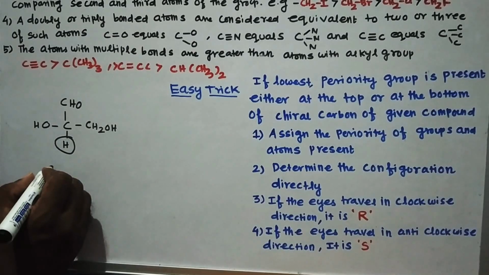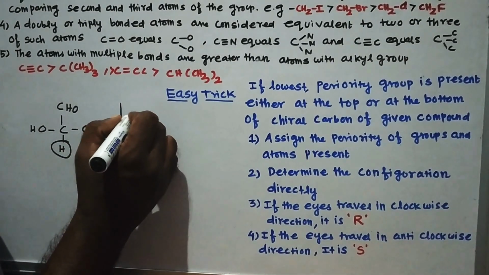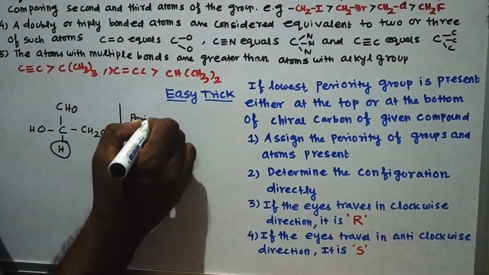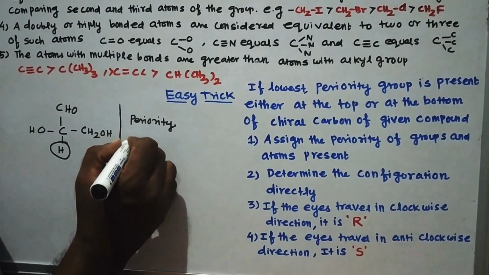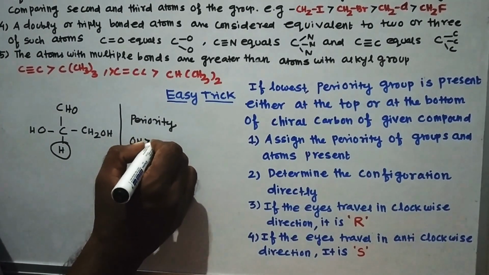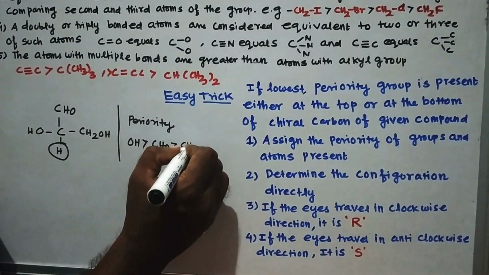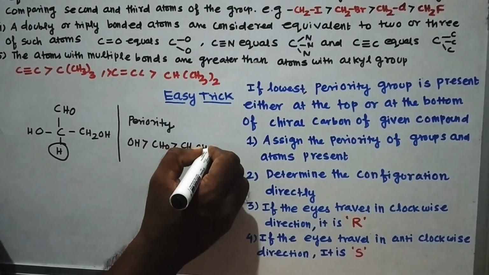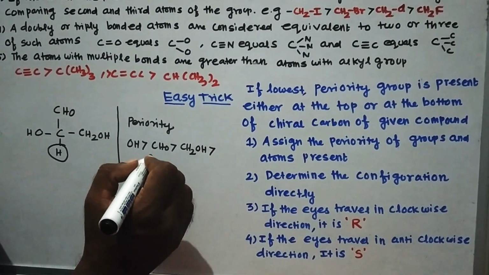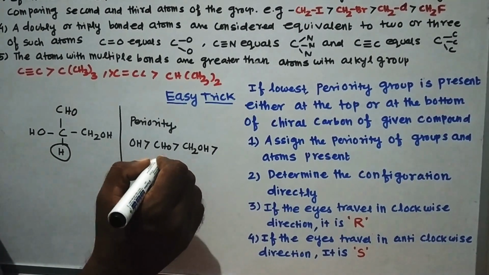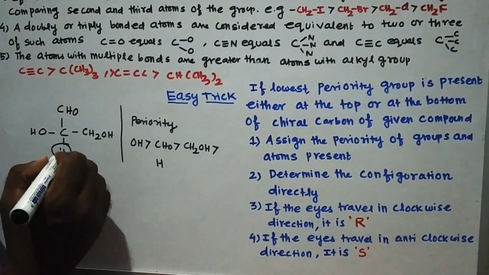Now we are going to fix the priority of groups: OH is greater than CHO, CHO is greater than CH2OH, CH2OH is greater than hydrogen. Therefore, the lowest priority group, hydrogen, is present at the bottom, so it is assigned directly.